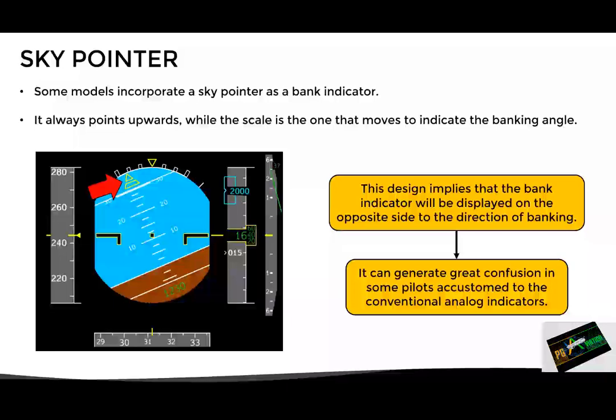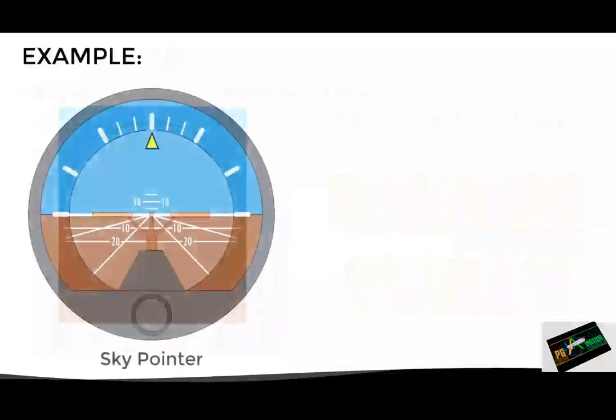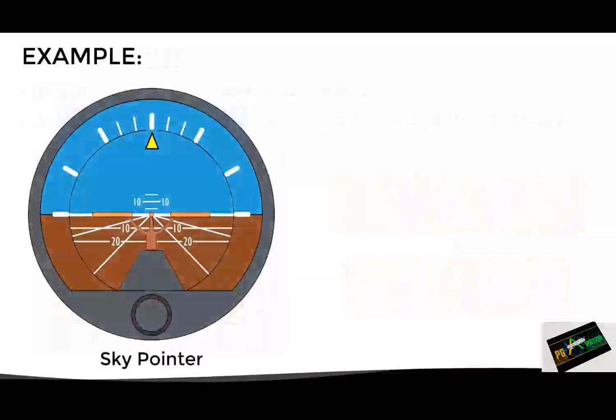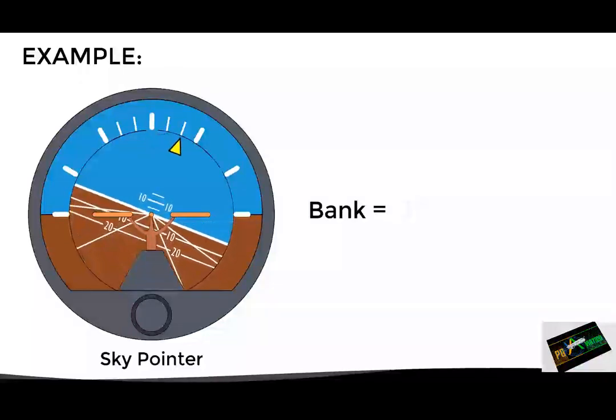Let's see in more detail how a sky pointer works. In this example, we can see the sky pointer indicating a bank angle of 0 degrees. Now, let's suppose the aircraft starts banking to the left. As we can see, the miniature aircraft shows the left bank correctly. However, the bank indicator is on the right side of the scale.